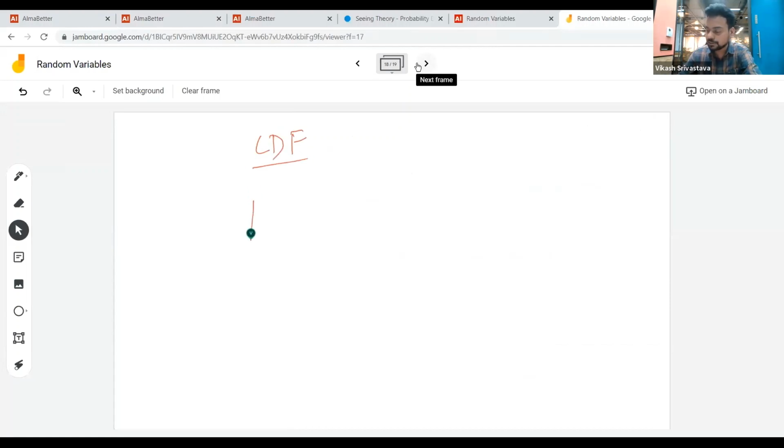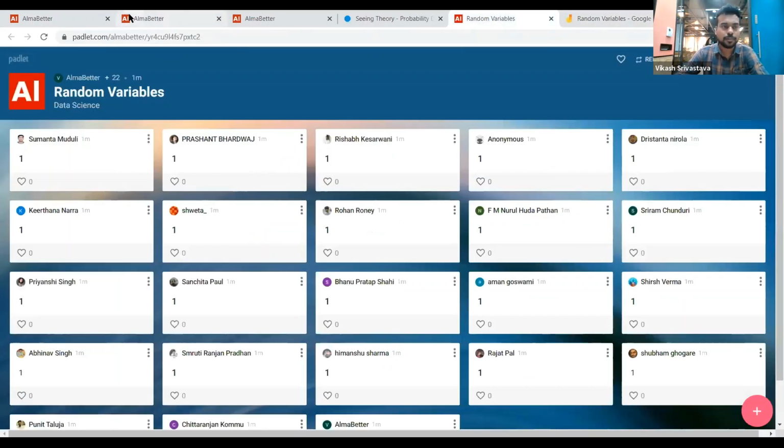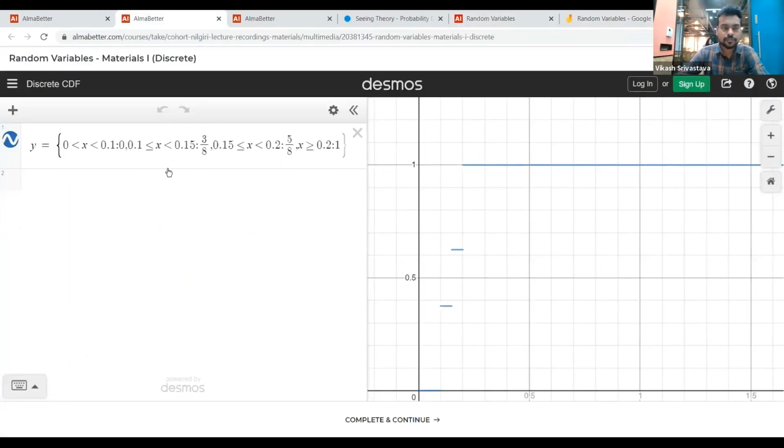So this is X, and if we were to write, in this case, this will take a value 0 if X is between 0 and 0.1, right?